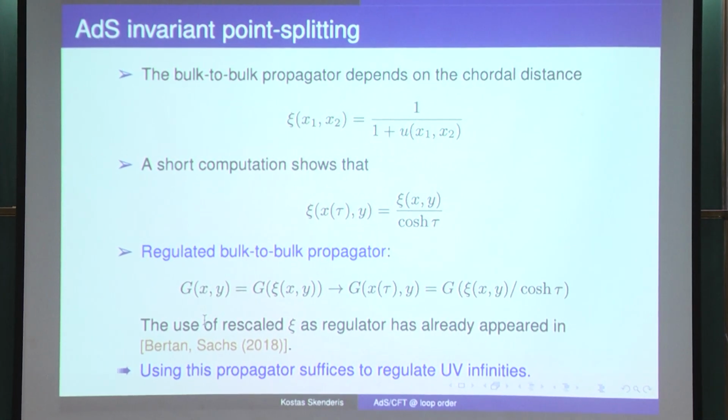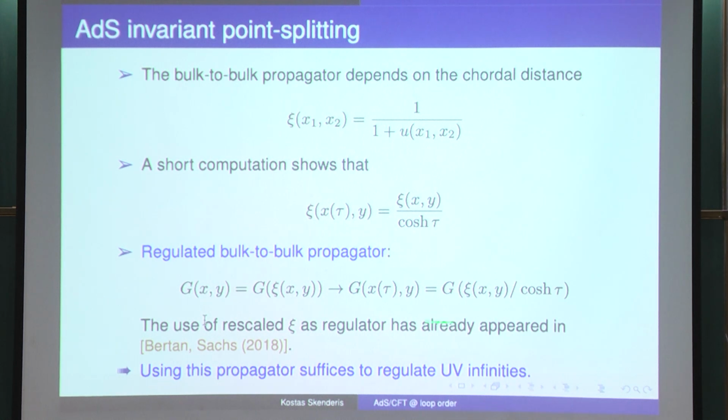And now again, a short computation shows that this regulated chordal distance is just a rescaling of the original chordal distance. So again, one can explicitly see this is an AdS invariant regulator. So then the regulated bulk-to-bulk propagator is obtained by just replacing the chordal distance by the regulated chordal distance.